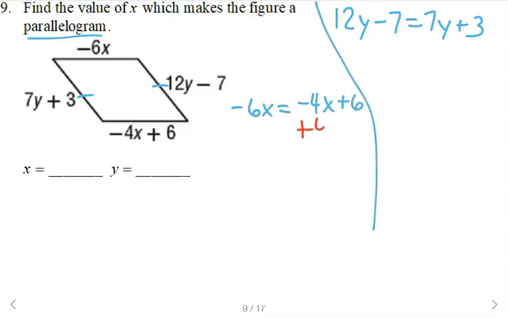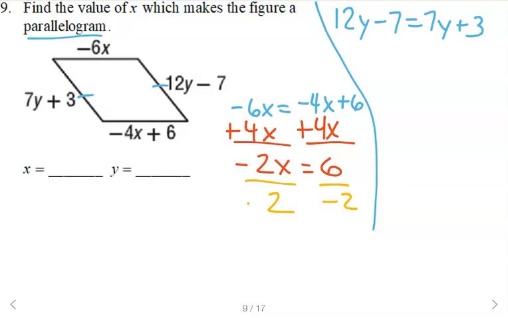Alright, so we'll add 4x to each side, and then divide by negative 2. So x is negative 3. If we plug it in, this will be 18 and this will be 18 as well. So even though x is negative, the side lengths are still positive.